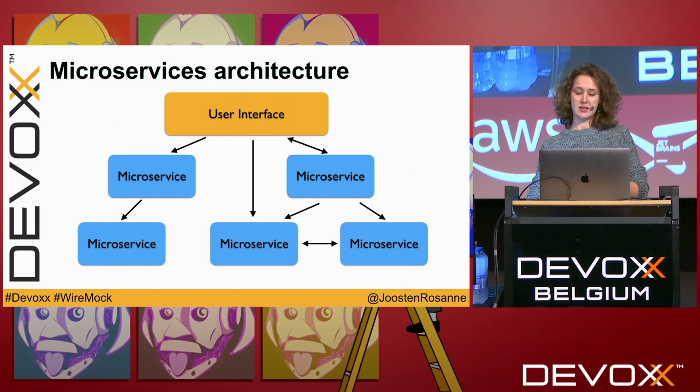And imagine that we are responsible for this green one, and we want to test it. But as you can see, there are a lot of arrows from other services pointing to it or from it that are not our responsibility. So how do we deal with that?